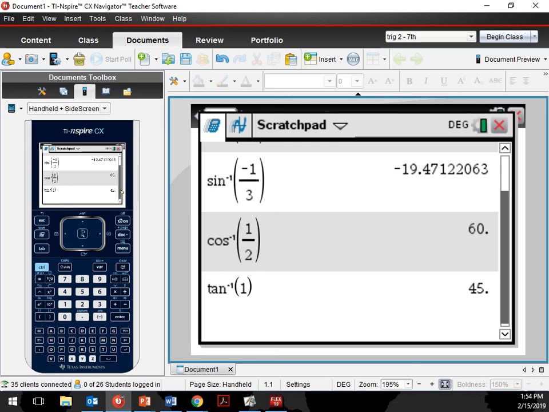Pi over 180, right? That could give you the same value, but in radians. So that would give me my pi over 4, wouldn't it? Yeah. How come it doesn't give you the same for sine? Let's see if you paid attention.